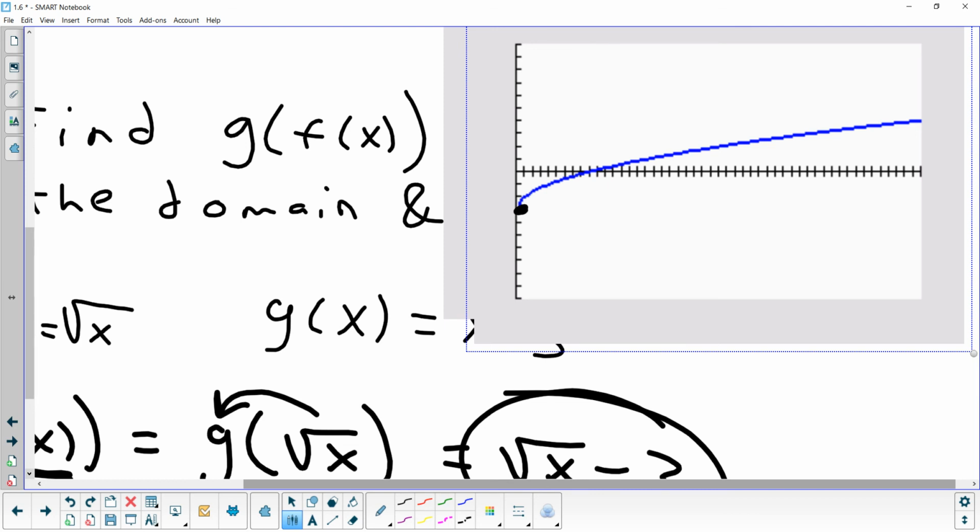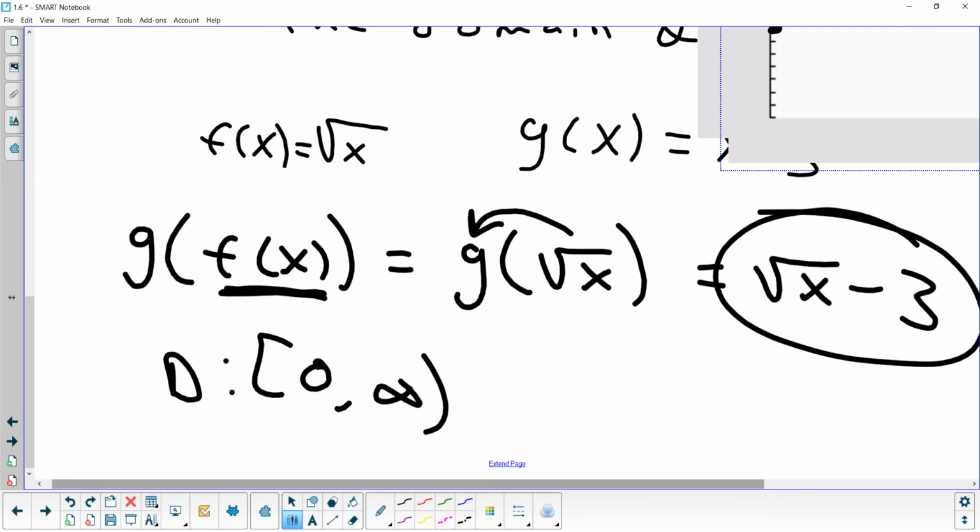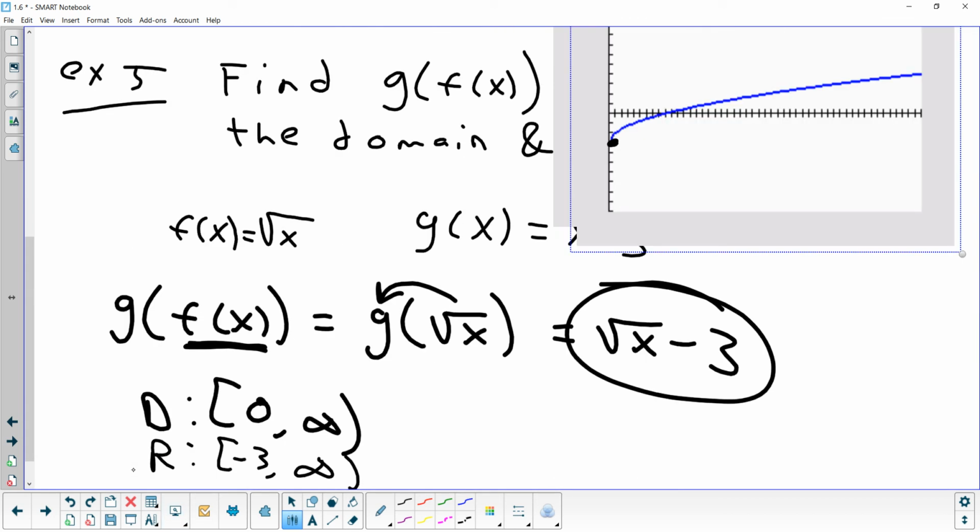Right? And this is half of a parabola. So my range is from -3, that's the low, and it's going to go up forever. Okay, no question on that.